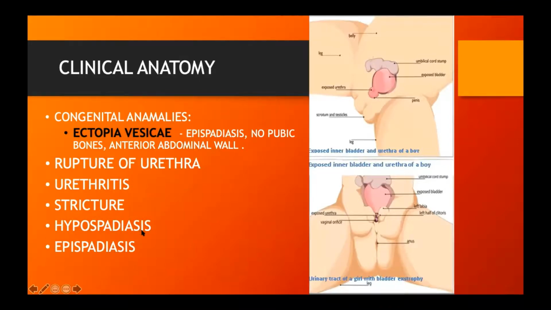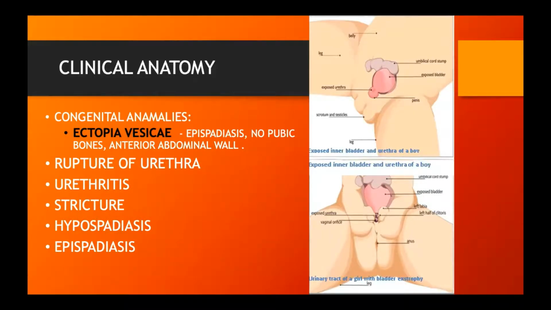Hypospadiasis means the external opening of the urethra will be seen below the penis, and epispadiasis means the external urethral opening will be seen on the superior aspect of the penis.